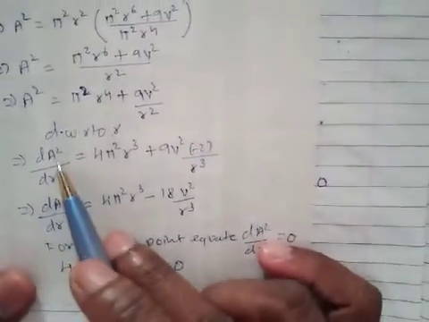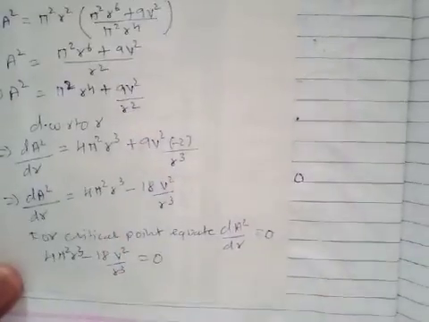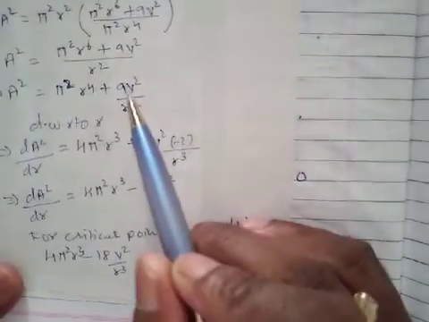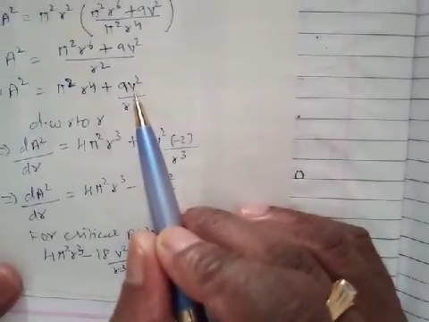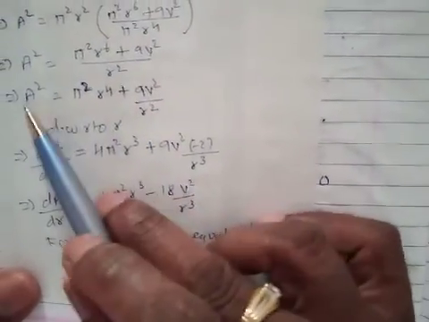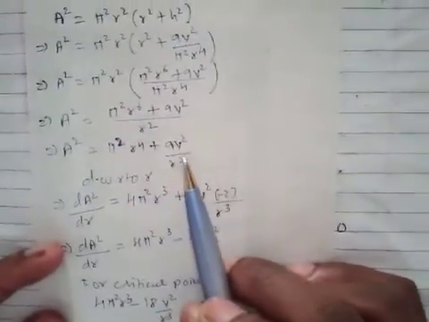So dA square with respect to dr, the only variable is r. Volume is given, so v will be considered as constant, because before taking a derivative you must know what is a variable, what is changing, and what is a constant.